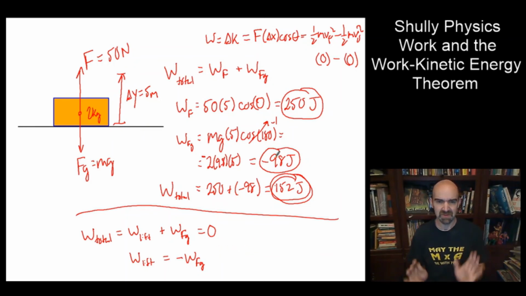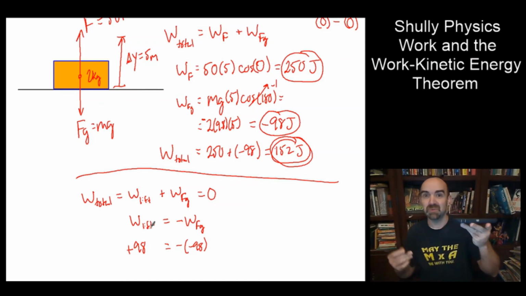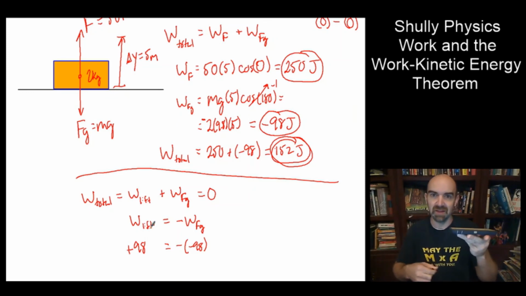So if lifting this 2 kilogram box up 5 meters gives us a work done by weight of negative 98 joules, that means the work in lifting is a positive 98 joules. Let's get that on the screen there. So the weight work is negative 98, and that means the lifting work is positive 98. So if we put 98 joules of work into this, how much work does gravity do? Negative 98. It's slowed it down.